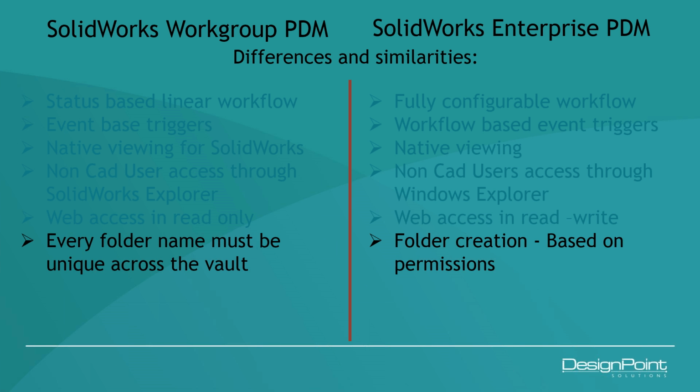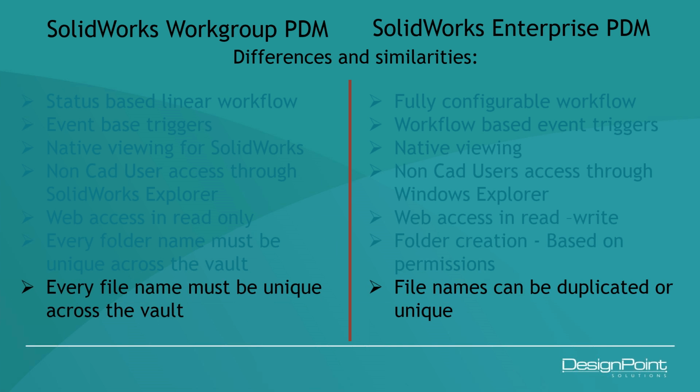One thing that is very unique about Workgroup is that every folder name must be unique. You cannot have folder A in one location and folder A in another subfolder. In Enterprise, folder creation is based on your permissions. So if a user, or a specific group, has permissions, they can create folders and name them the same in different locations.